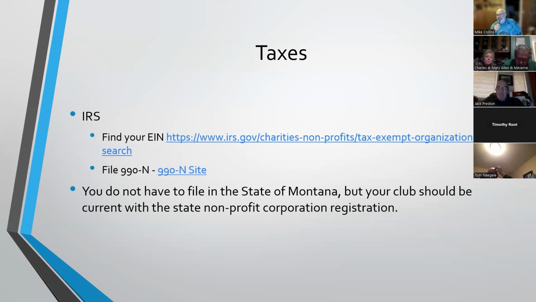It's my understanding Columbia Falls Club did it. They had to basically reapply and do a bunch of paperwork to get their status back. But I would start with international and the legal department. That's part of the reason we pay those dues to international, because we do have help there.